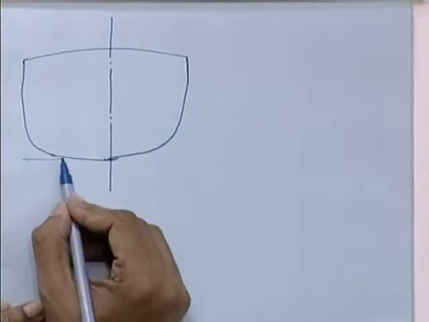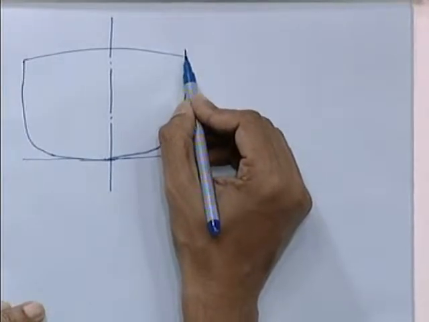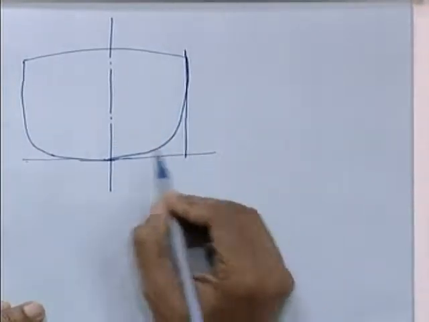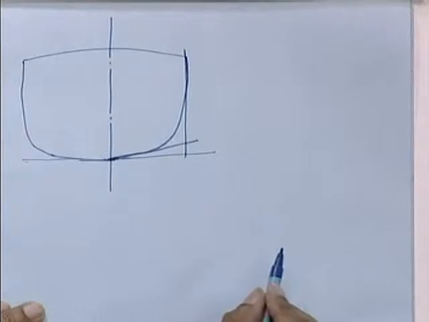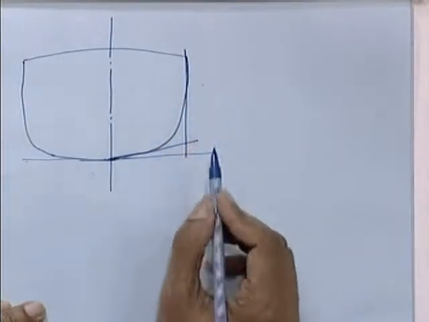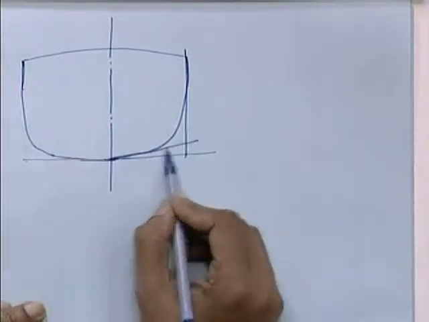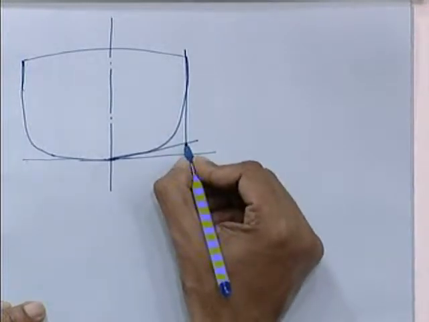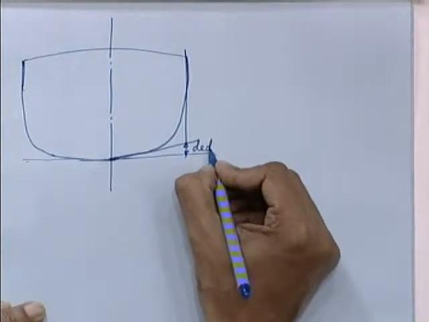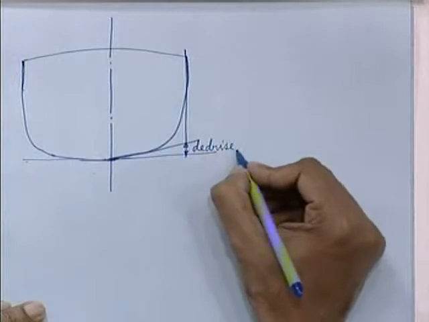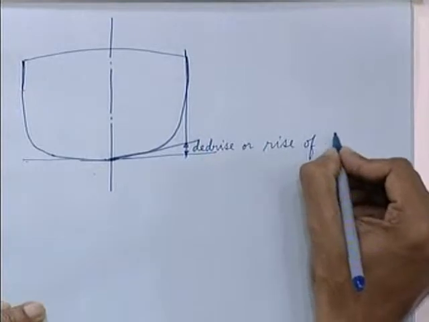Now, you draw the molded baseline, and say this is the molded line of breadth, that is the maximum line, and you draw a tangent at the bottom. That means the bottom shell is not lying flat on the baseline, but it is having a slope, and this amount of slope is called dead rise, or rise of floor.